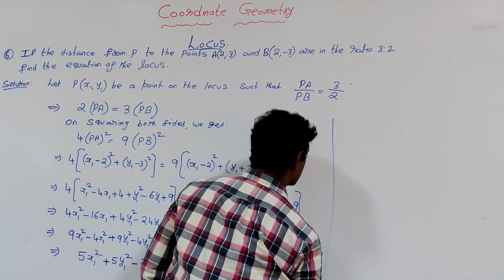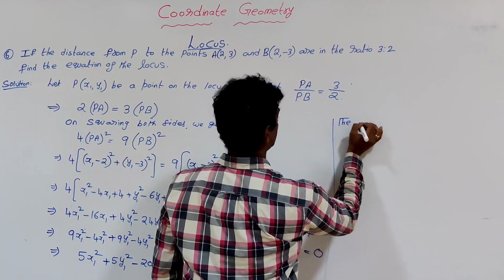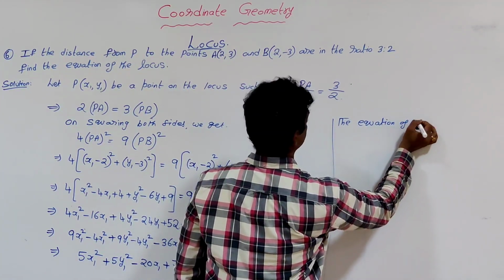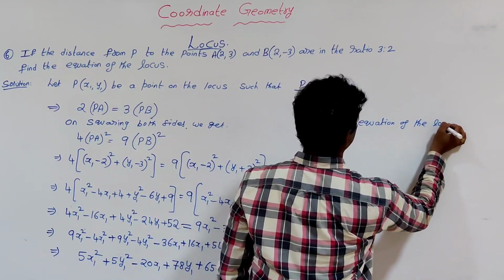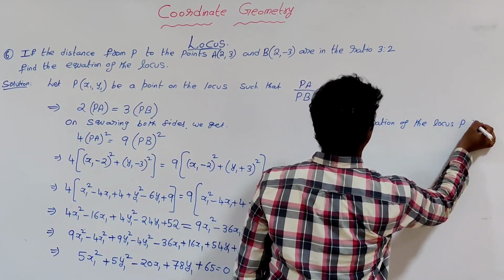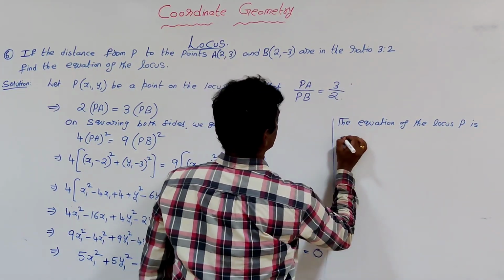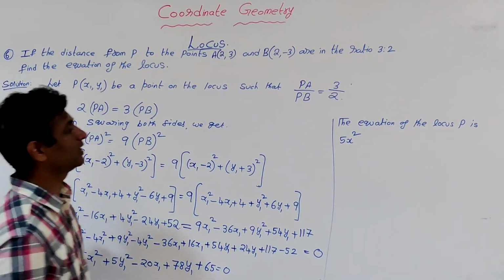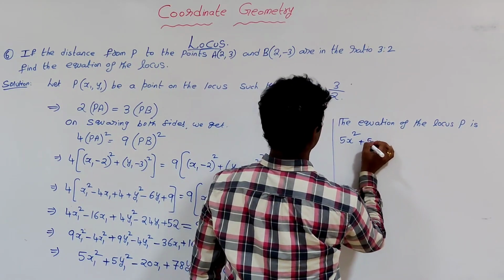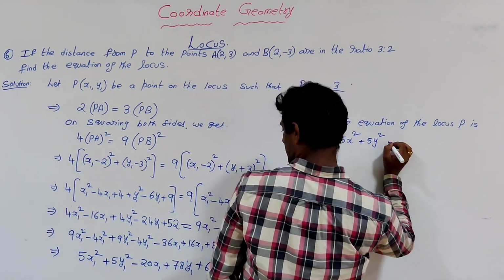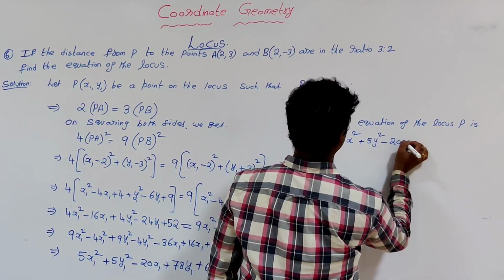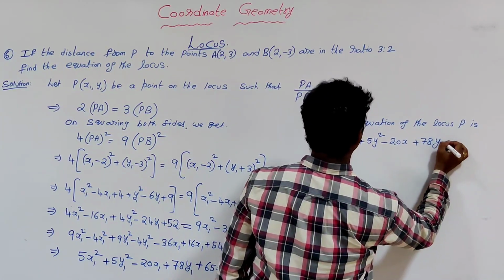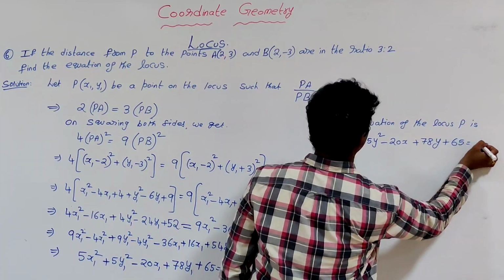So in general, the equation of the locus of P is 5x square plus 5y square minus 20x plus 78y plus 65 is equal to 0.